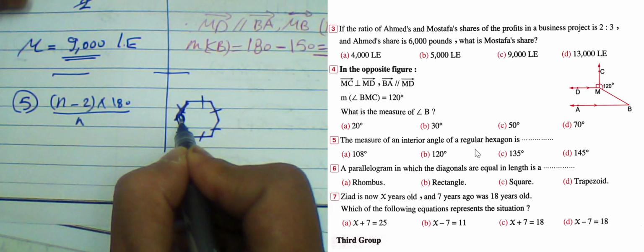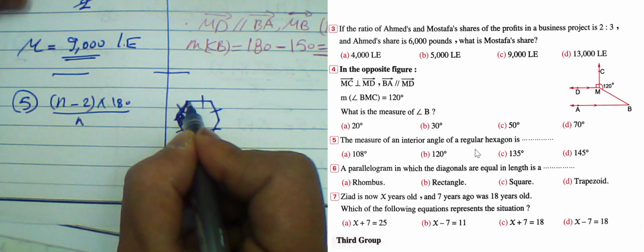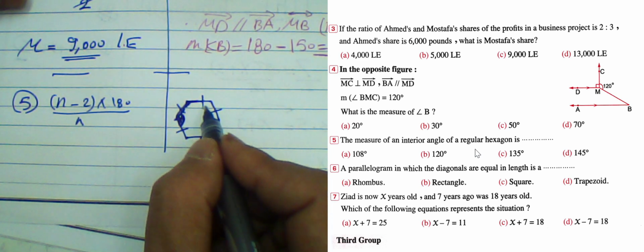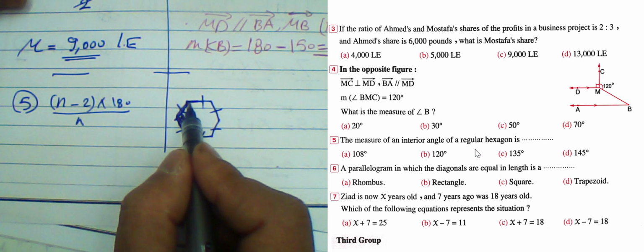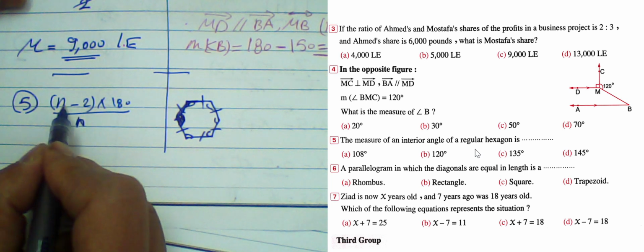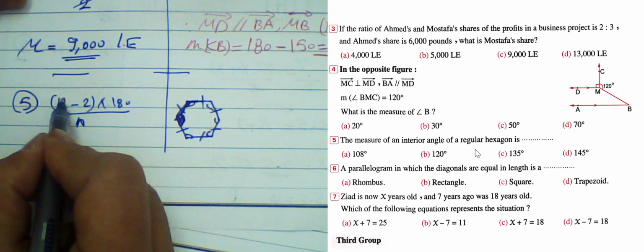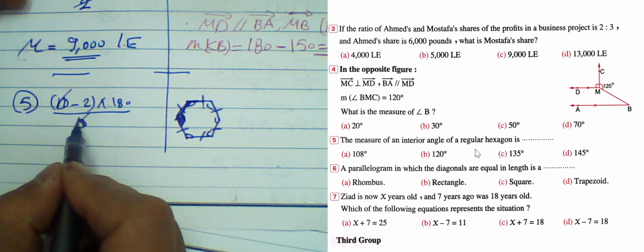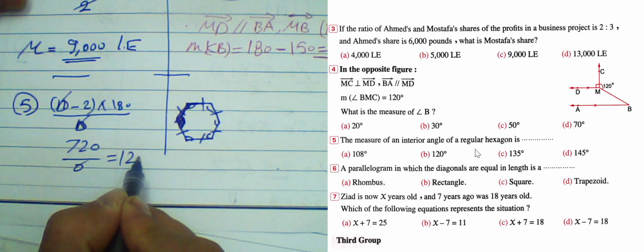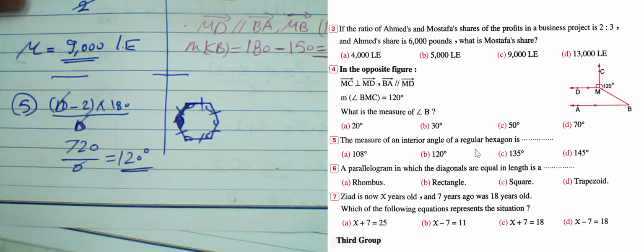He wants to find the interior angle of the hexagon, which is regular. Regular means all sides are equal in length and all angles equal in measure. The measure of each one will be n minus 2 times 180 over n. n equals 6. 6 minus 2 is 4. 4 times 180 is 720, divided by 6. The measure of each angle will be 120 degrees in a regular hexagon. Choose letter B.